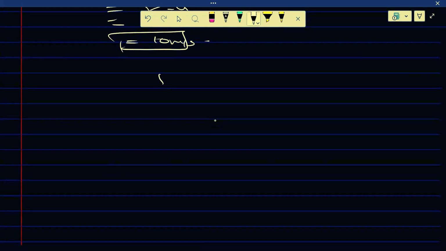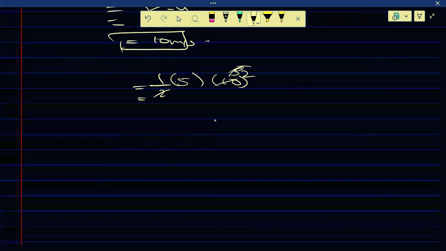Let's find it. We have to put the values. m is 5 kg, and the velocity is 10, so v square is 10 square, which is 100.